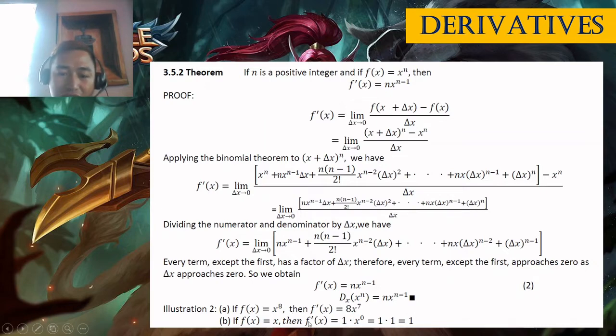Okay, next class, if f of x is equal to x, naman ay 1 diri class. 1 times x, nya ang 1 class minusan man nag 1, so ma 0 na siya. So 1 times x to the 0, nya ang x to the 0 is equal to 1, so 1 times 1 is equal to 1.